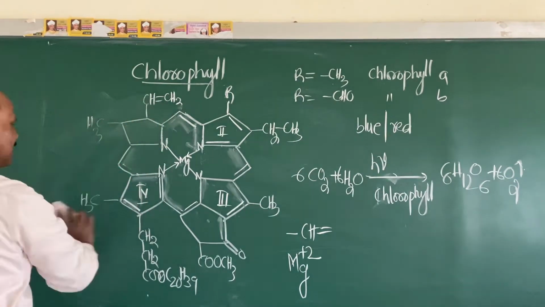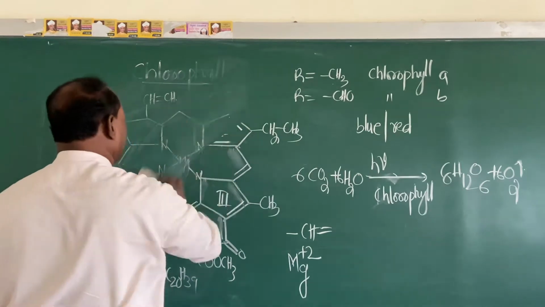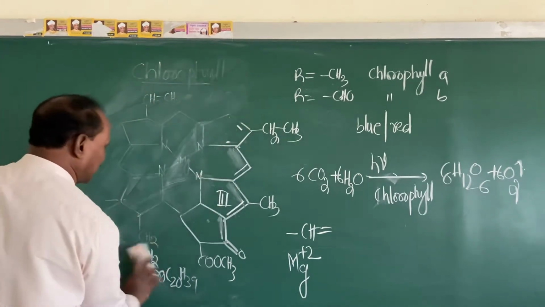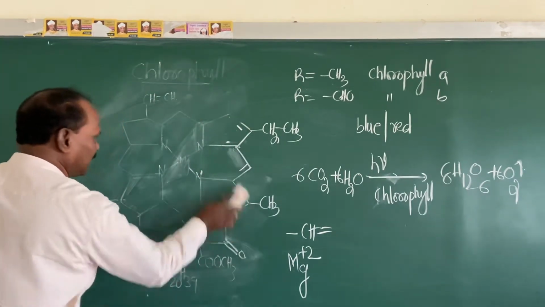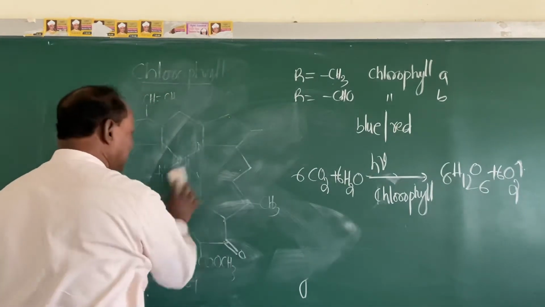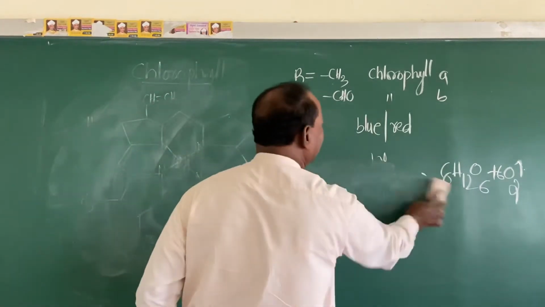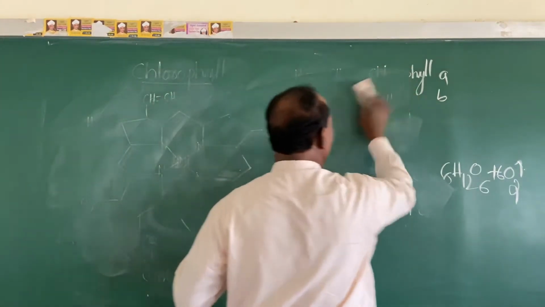Now, having studied these two structures, chlorophyll and hemoglobin that you have studied already, we shall see the biological functions of some elements or some metal ions.